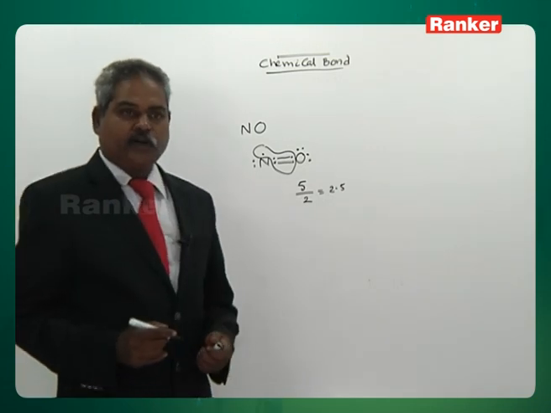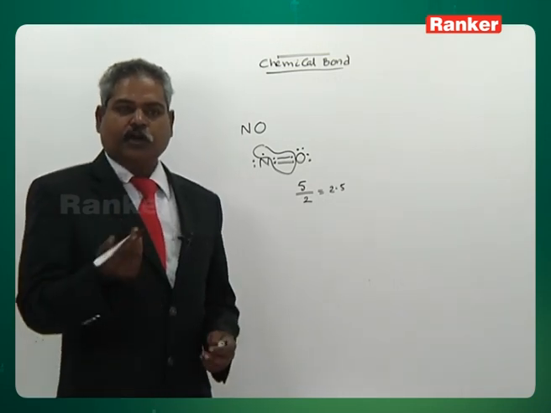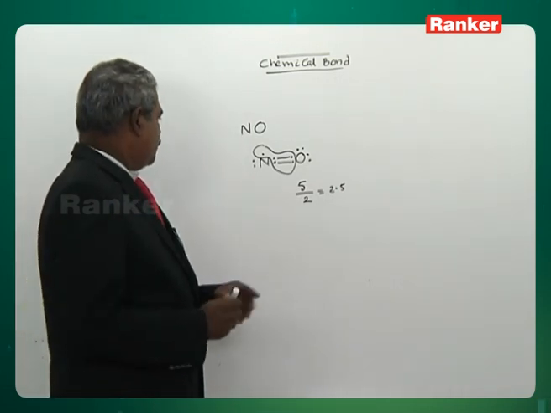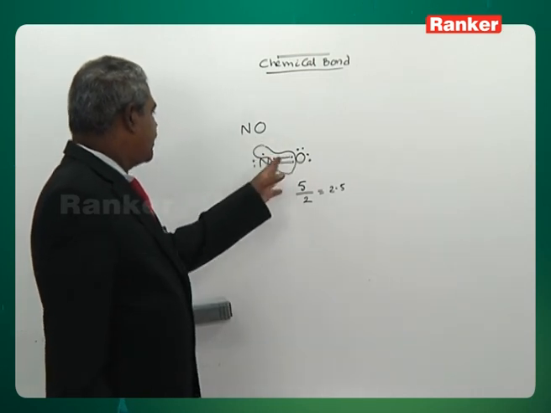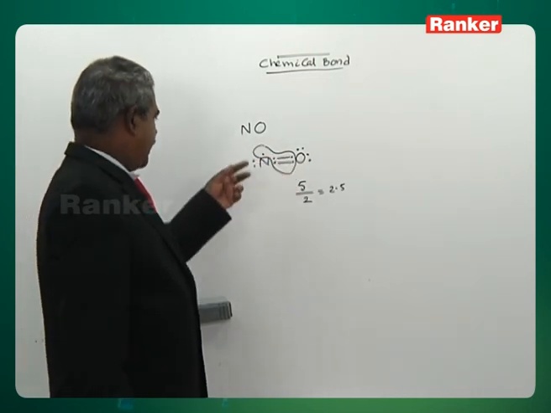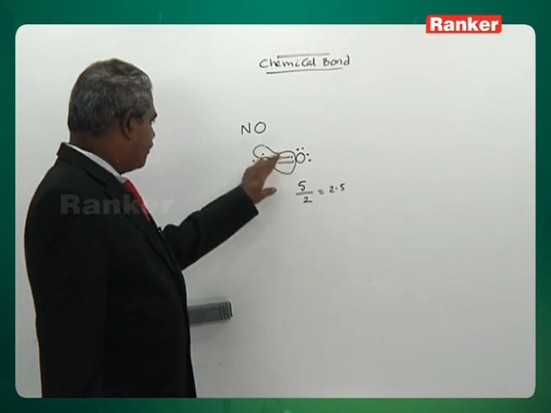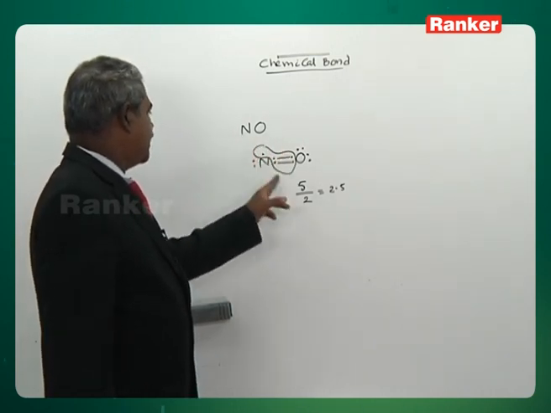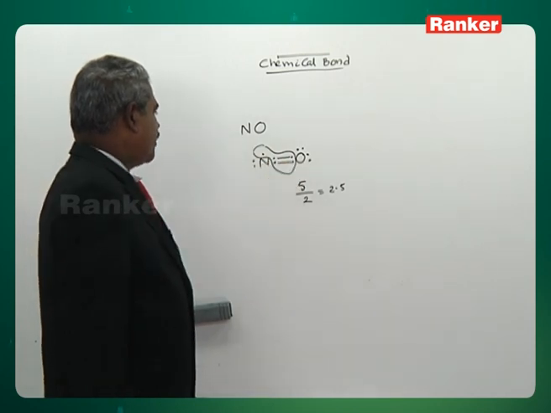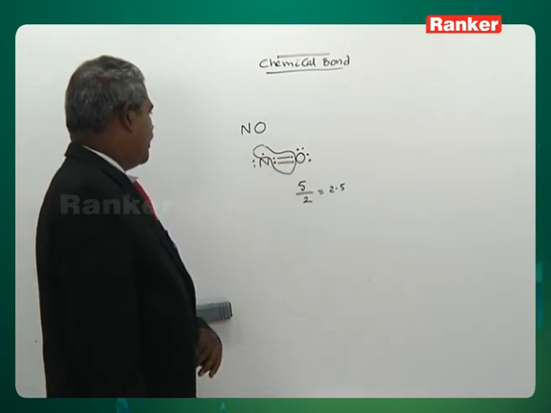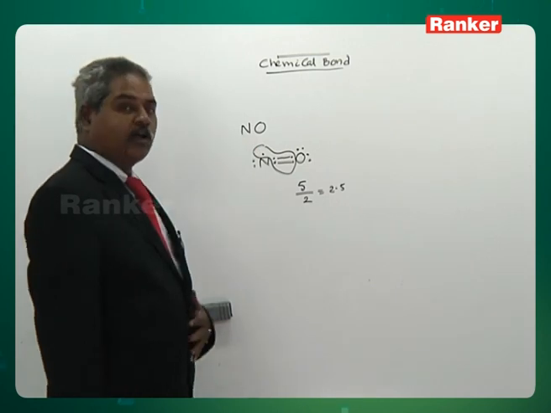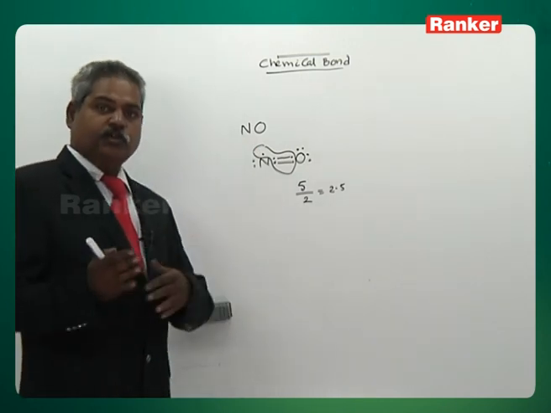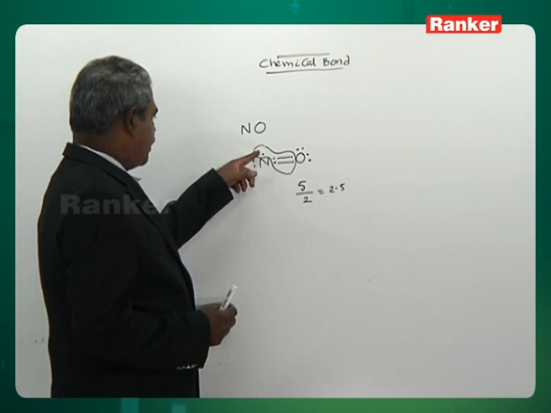You have seen a 15 electron system like O2 plus, the bond order is 2.5. So 5 electrons shared by 2 atoms. At any given moment you will find only 4, but this fifth one also participates in bonding. So it is always waiting outside and it will be entering. So 5 by 2, 2.5. It will be waiting in the anti-bonding molecular orbital, and whenever it gets a chance, it comes in.